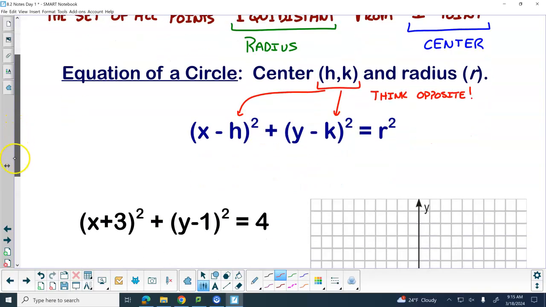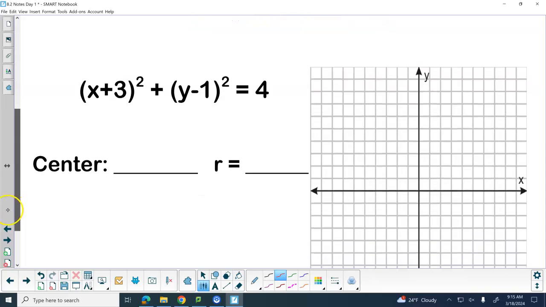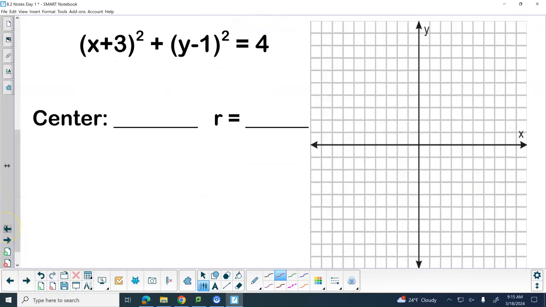So on your graph paper now, let's go with this problem right here. (x plus 3) squared plus (y minus 1) squared equals 4. If you are a step type person and want to write down the steps, the first step would be find the center and plot it.